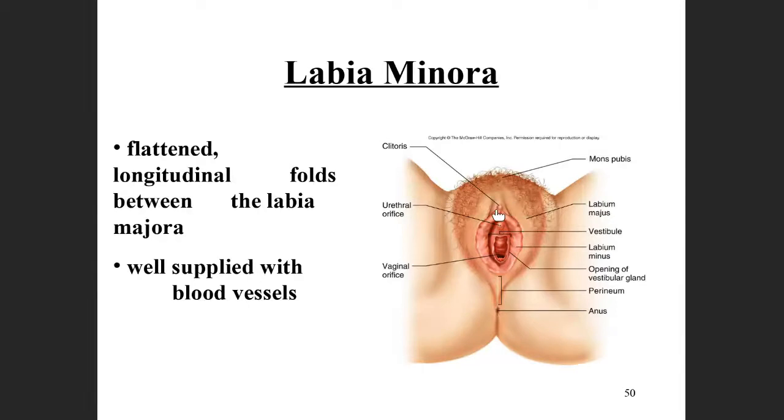By the way, the clitoris is equivalent to the glans of the penis. The glans is part of the corpus spongiosum, so it has a lot of nerve endings. You can stimulate the glans or you can stimulate the clitoris here. It has a similar structure.